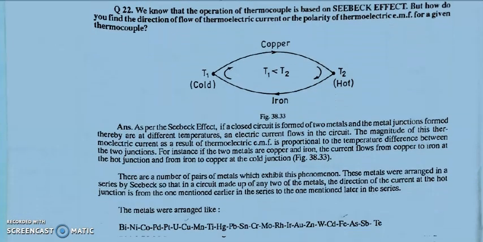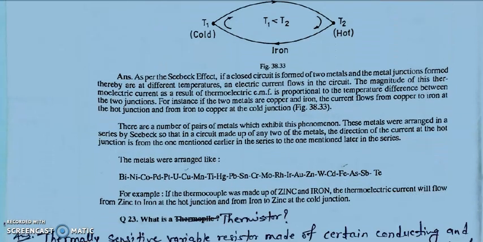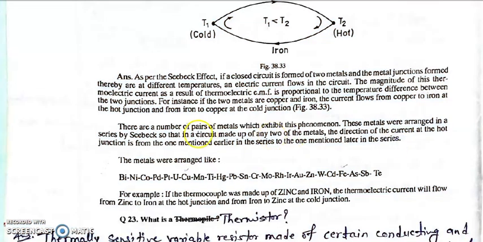Now move forward. Which are the metals which can be used for making a thermocouple? Here is the list of metals arranged in this manner: nickel, cobalt, plutonium, platinum, uranium, copper, manganese, titanium, and so many different types of metals, and this is the sequence.